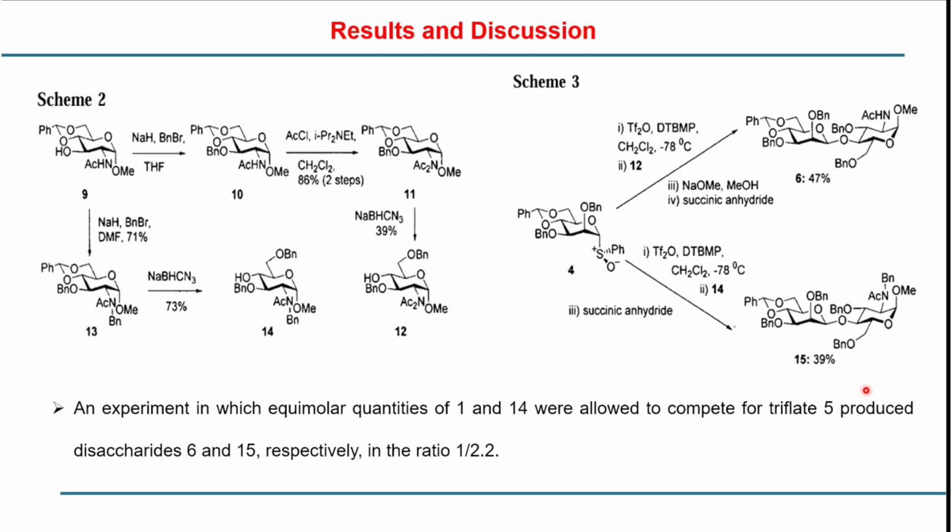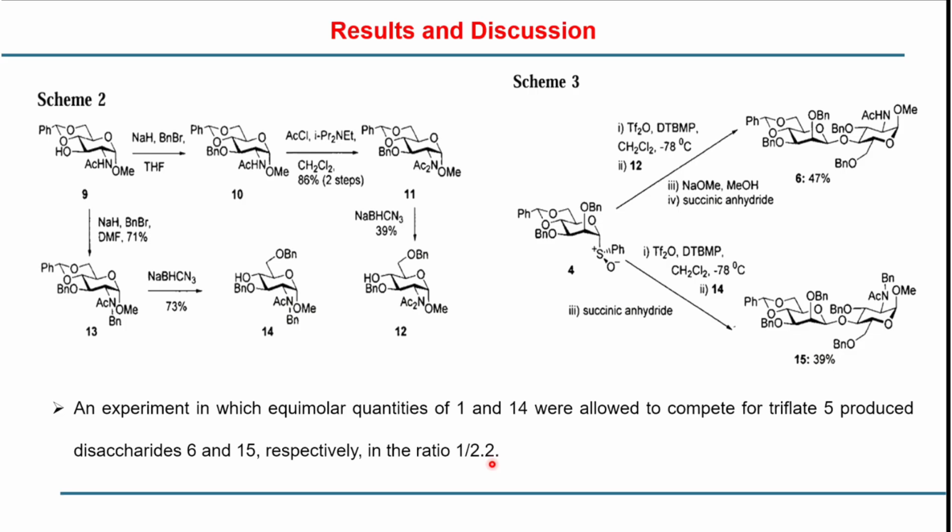So there was an improvement in yield compared with acceptor 1, the N-acetyl one. For the comparative study, they mixed 1 and 14 with the same pre-activated donor 4, which ultimately forms the donor triflate 5, producing disaccharides 15 and 6 in a ratio of 1:2.2.